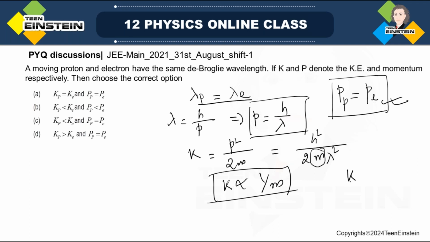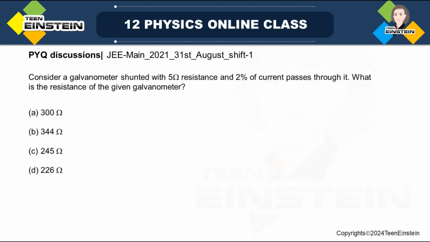Therefore, we can say the kinetic energy of electron will be greater than the kinetic energy of the proton. So option C will be the answer for this question. This was also a very simple problem. Now we have this problem.